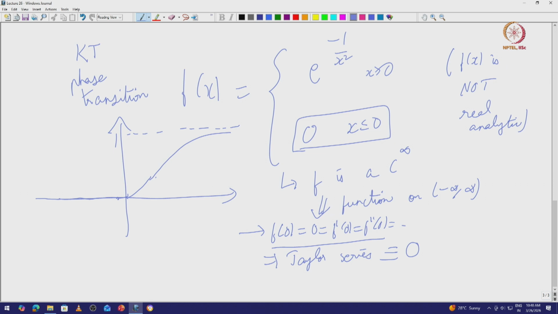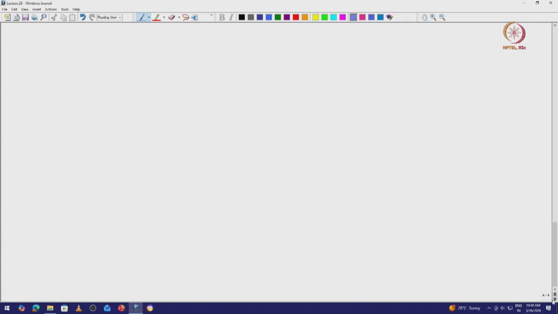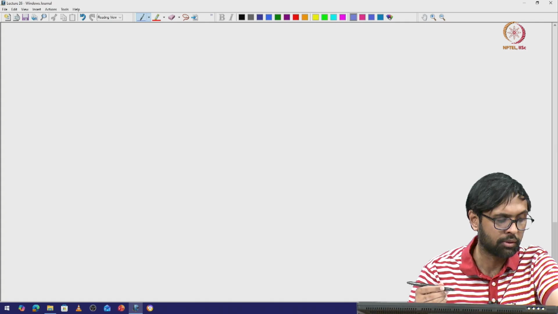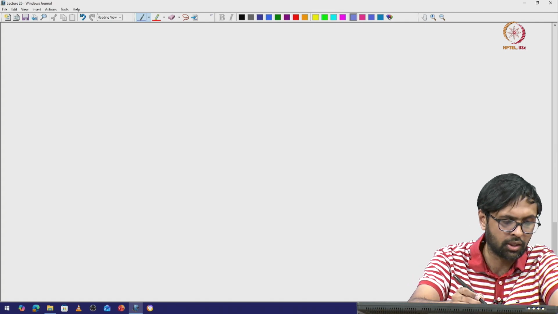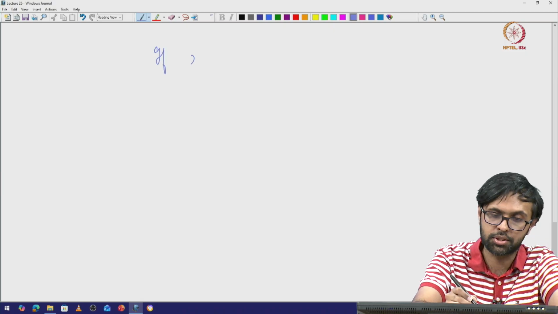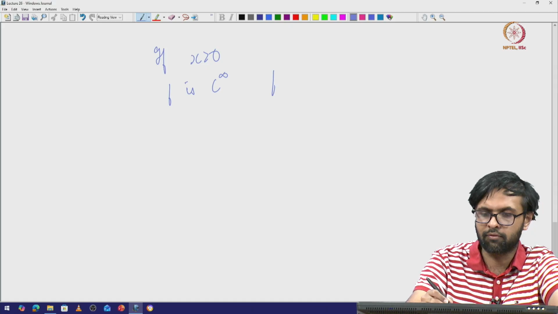So the question is, how does one prove that f is a smooth function? Well, this is just a basic exercise in calculus nonetheless. Let's do it anyway. So obviously, if x is positive, f is smooth. Why? Because f is basically this, right?